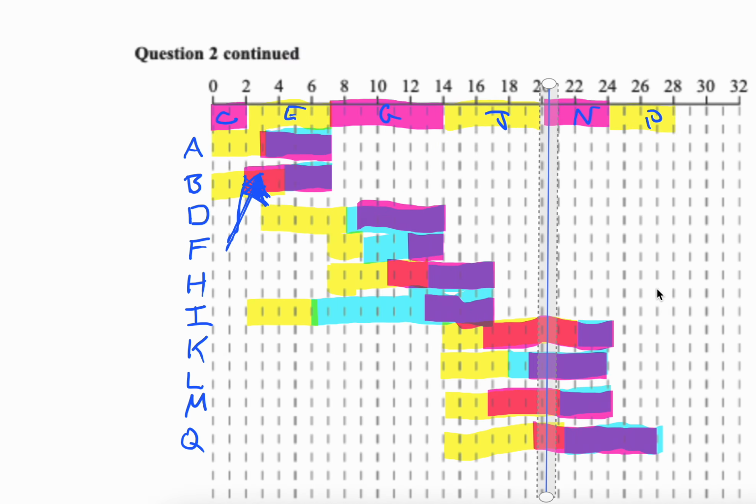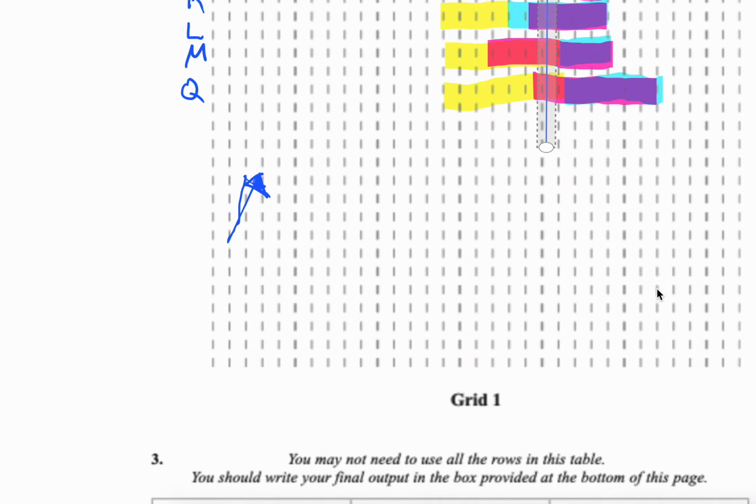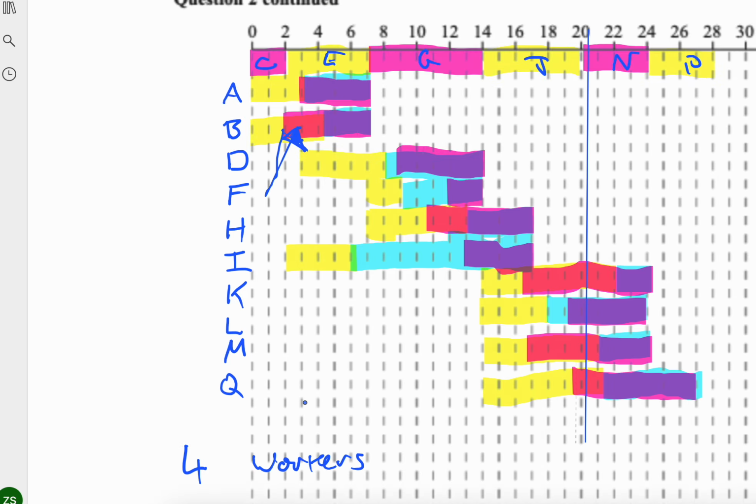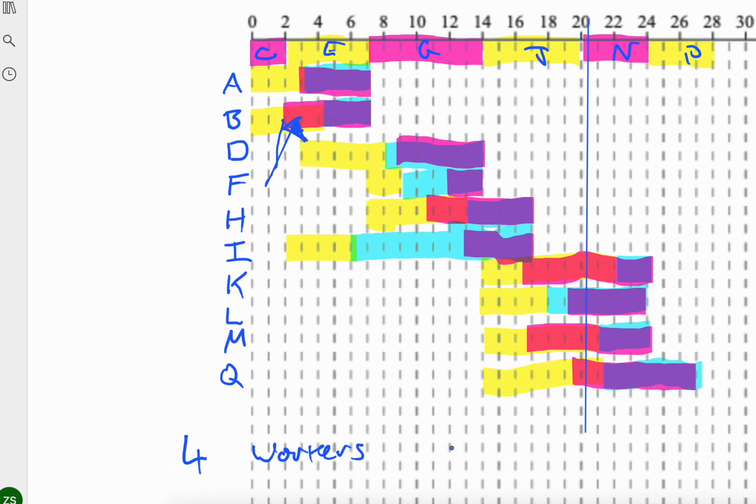So we can say that the lower bound is 4 workers because from time 20 to 21, tasks K, M, N and Q will all be running, and that's one way we can do it without having to draw a scheduling diagram to find the minimum number of workers.